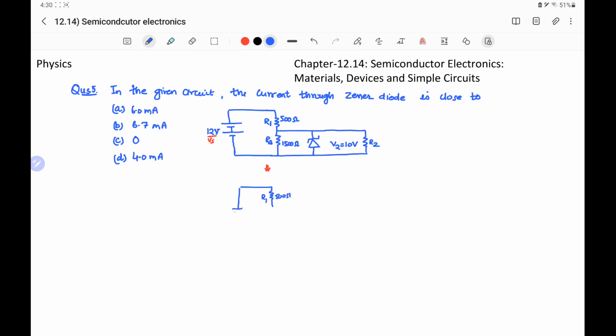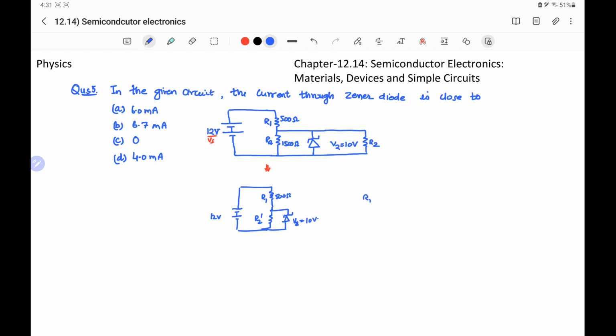This is the battery source voltage of 12 volt, and here is a resistor, say R2 dash, and this is connected in parallel with the Zener diode, which has the reverse breakdown voltage of 10 volt.